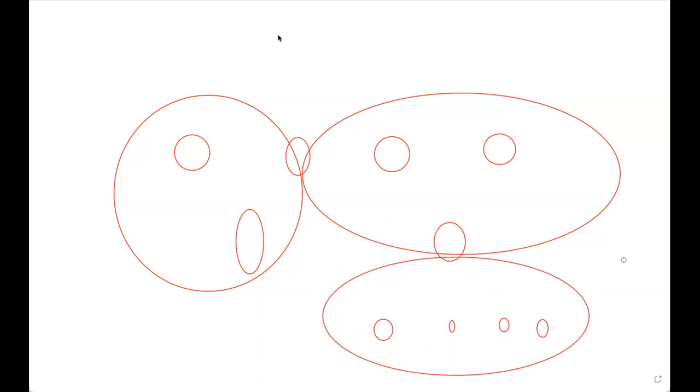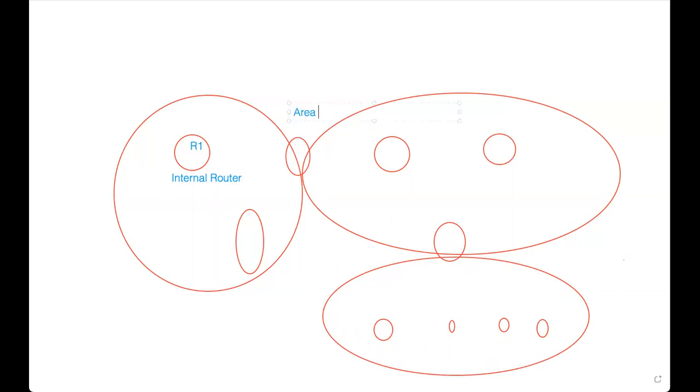Okay, so in this case, this is router 1, which is called an internal router, because it is part of only one area. And this is called an area border router.